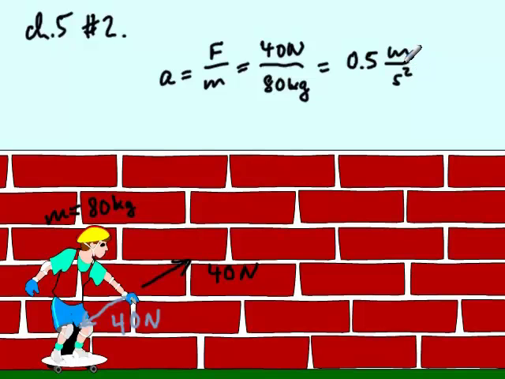And that's how fast you or the boy would accelerate, as long as you are exerting that 40 newtons on the wall, and the wall in turn exerts 40 newtons on you, which might be just for a second or so. So for that time you have that acceleration, and it gets you some speed, and once you're off the wall, you're not accelerating anymore because you're not pushing anymore.